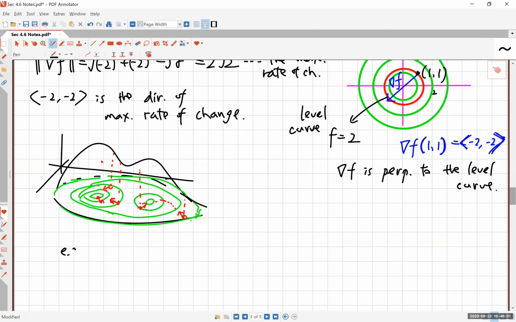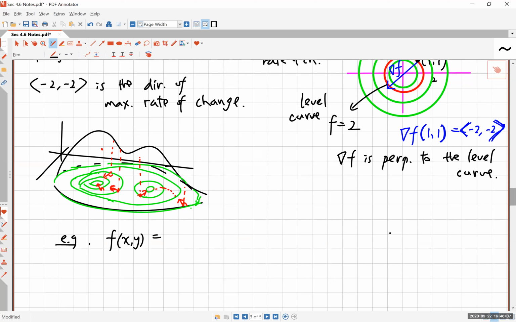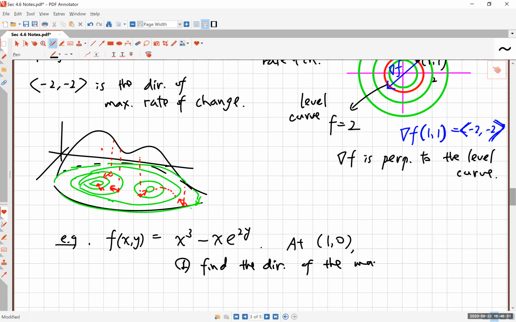Now let me give you another example, and then you can maybe pause this and try to figure it out. Here's the question that I am going to ask you to do. Let's say f(x, y) is x cubed minus x e to the 2y, okay? And the question is, number 1, at the point (1, 0), find the direction of the maximum increase.